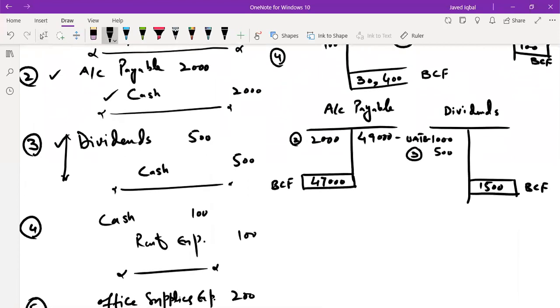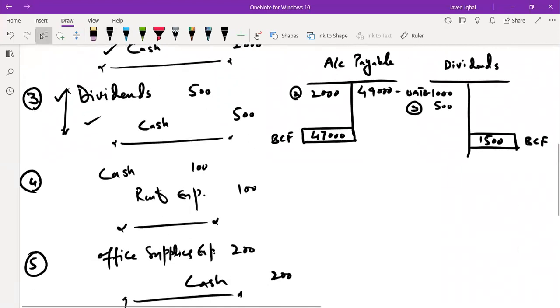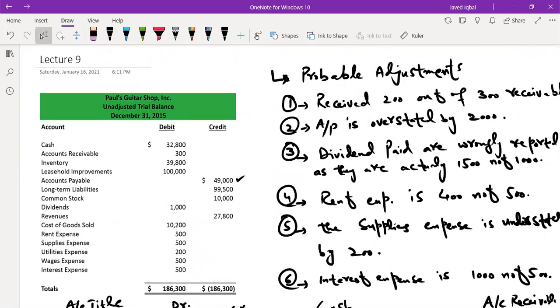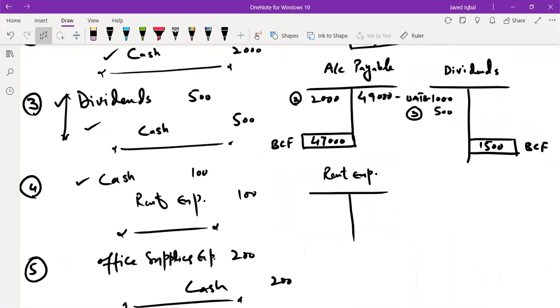So this transaction is also completely done. Now you have rent expense, because cash is already done. Rent expense was initially 500, from UATB, but it needs to go down by 100 in transaction 4. So it is coming down by 100 and going to be 400.